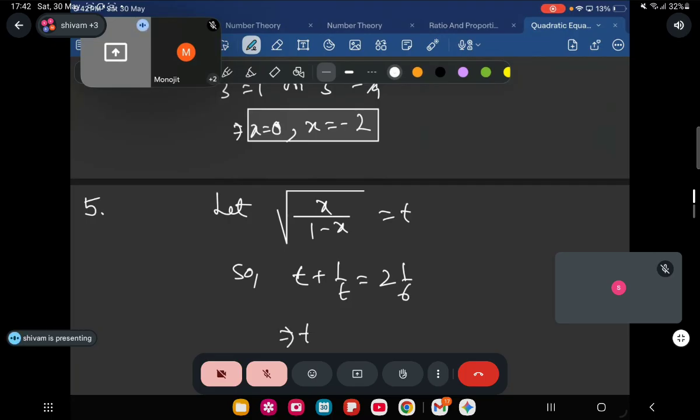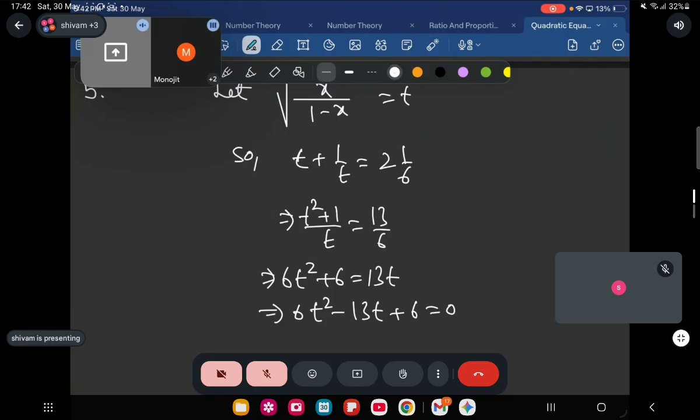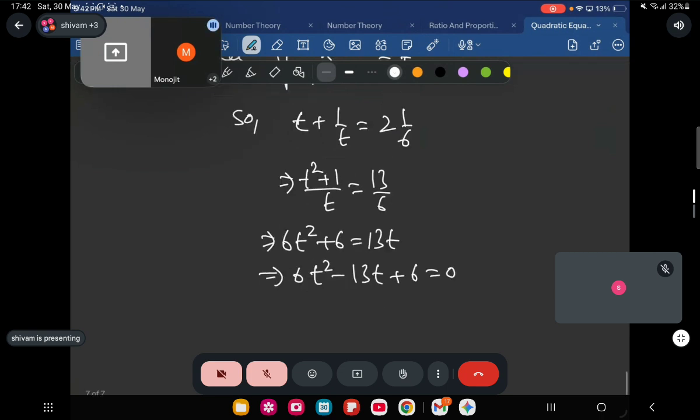Right, this implies t square plus 1 by t is equal to 13 by 6. Cross multiply, we get 6t square plus 6 is equal to 13t. From here, 6t square minus 13t plus 6 equal to 0. Can we factorize this? Is it factorizable? Yes, sir. Minus 9 and minus 4: 6t square minus 9t minus 4t plus 6 equal to 0.